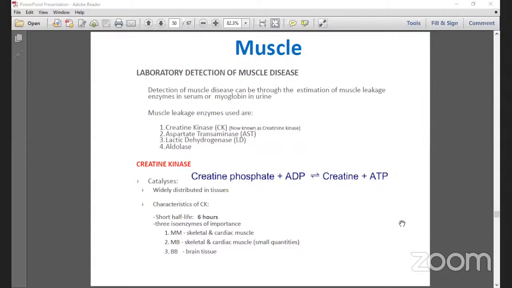It has a short half-life, only 6 hours, and it has three isoenzymes: MM in skeletal and cardiac muscle, MB in skeletal and cardiac muscle but in very small quantities, and BB in brain tissue. The high isoenzyme is located in skeletal and cardiac muscle.